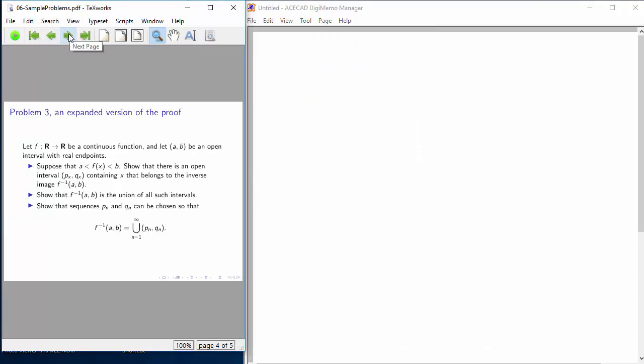Now to finish up, we have a rather fussy real analysis proof, but it's a very, very useful result.